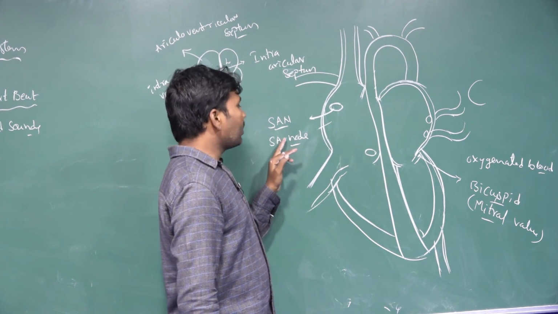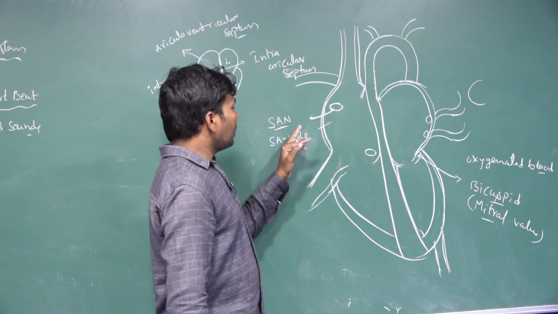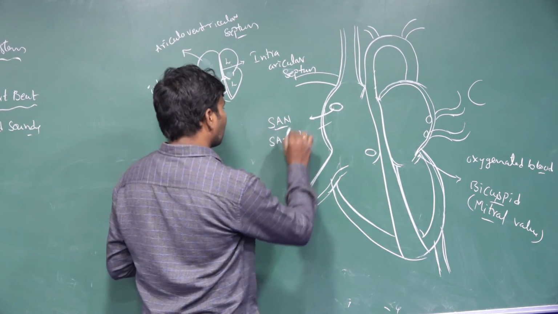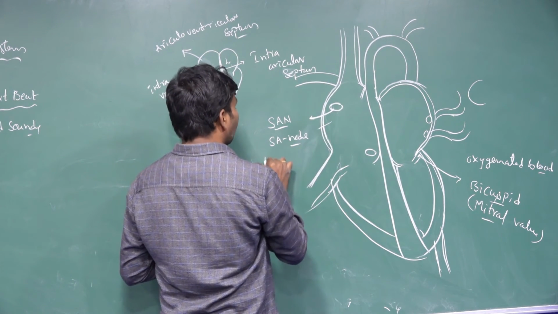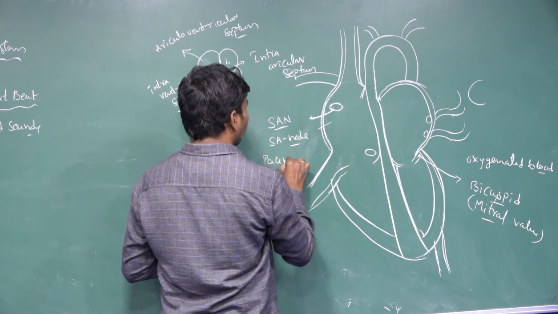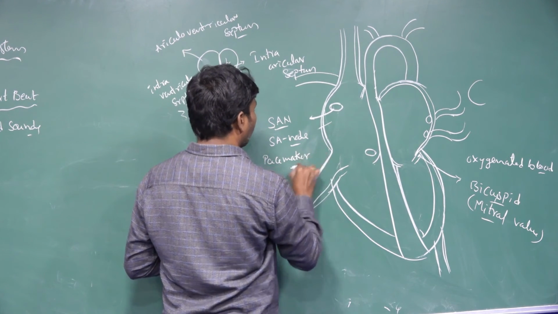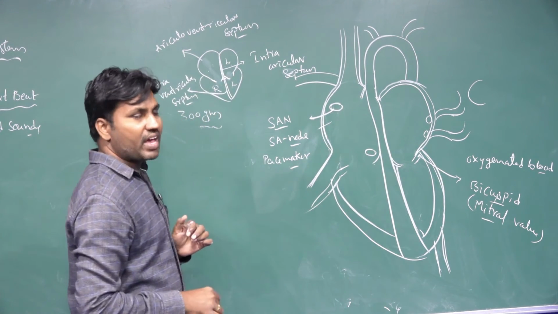It is called the sino-atrial node. The SA node itself acts as a pacemaker.